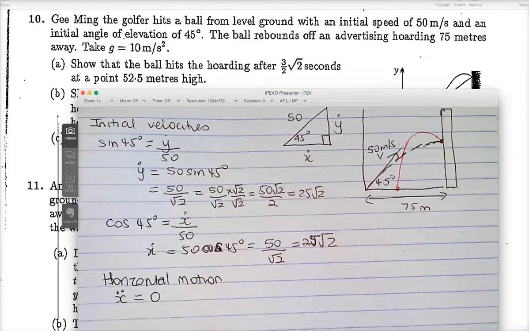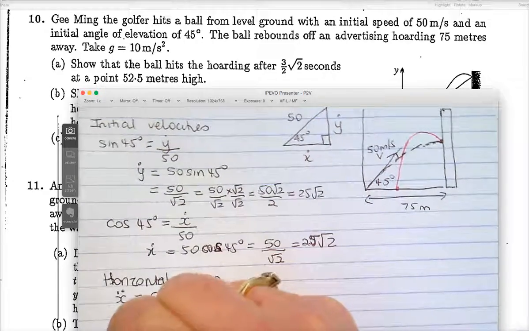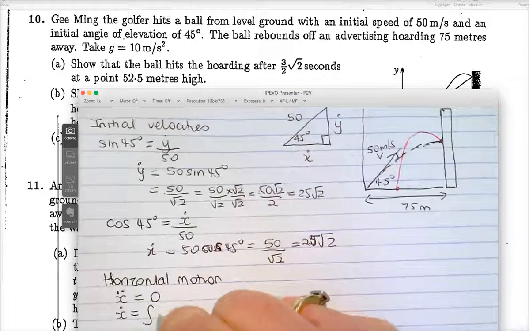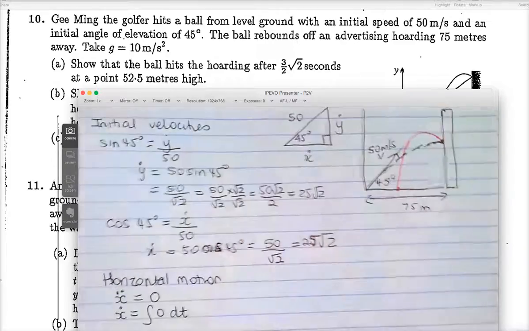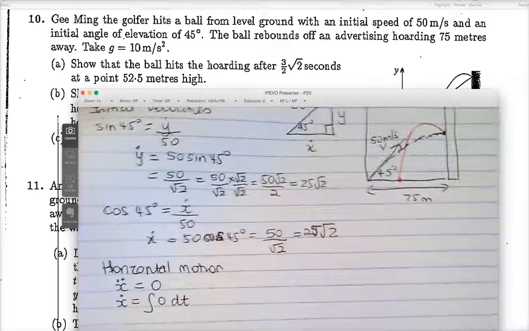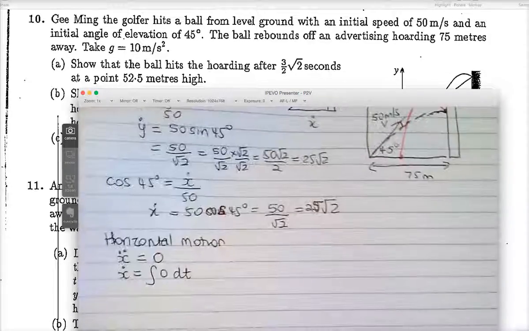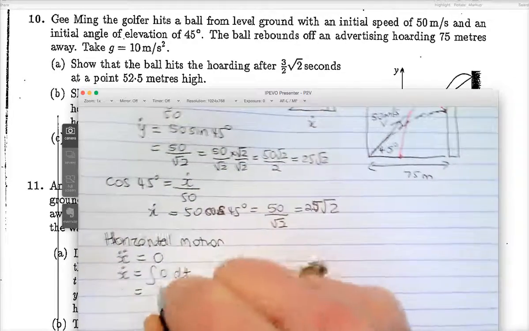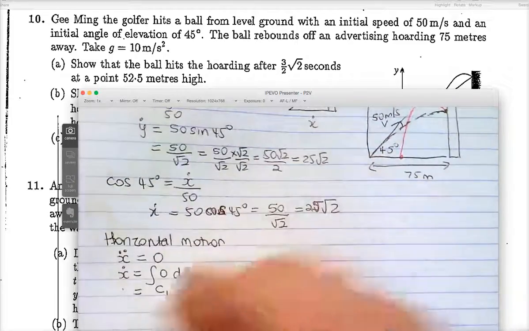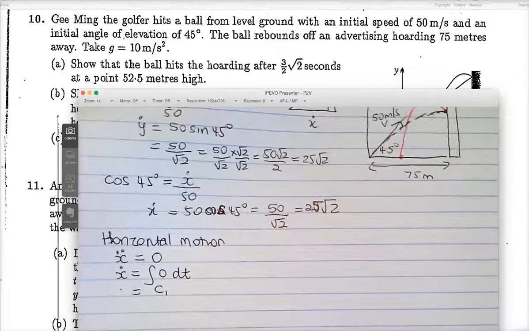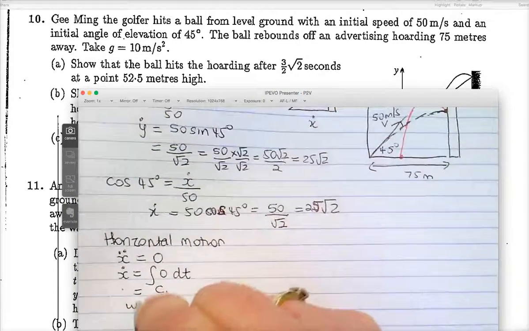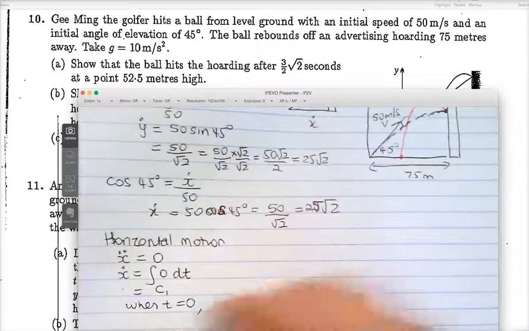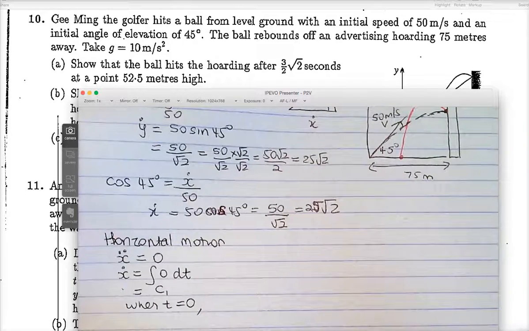Next, do you remember what to do, girls? Velocity in the horizontal direction is the integral of 0 dt, which is C1. What do we do now? When t equals 0, what do we know?